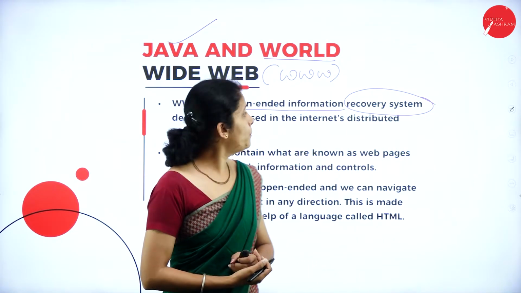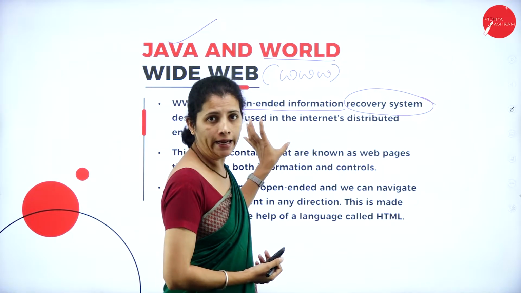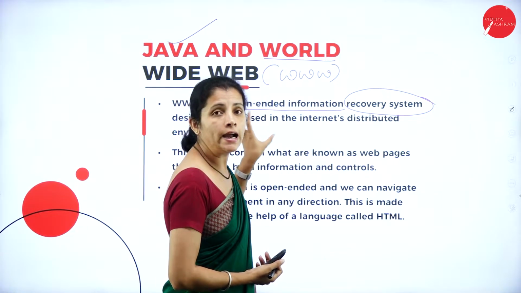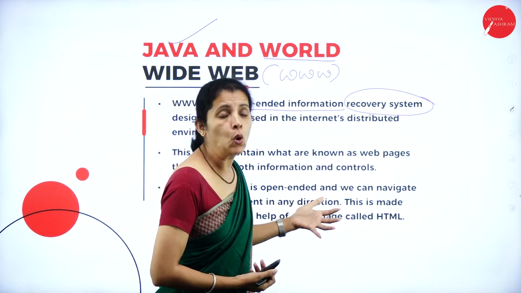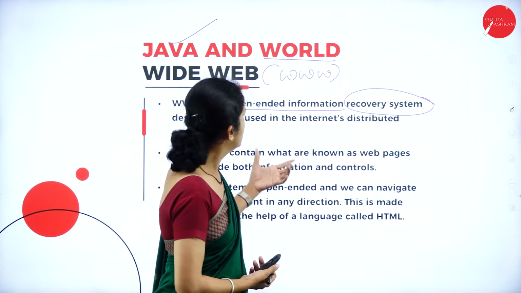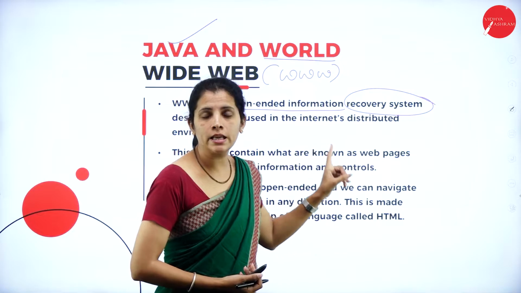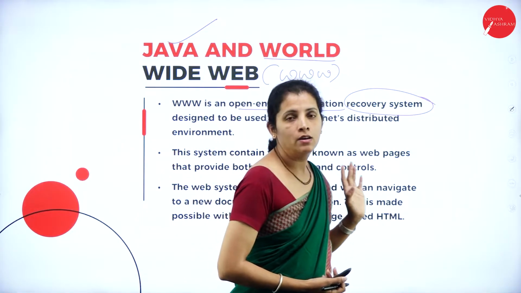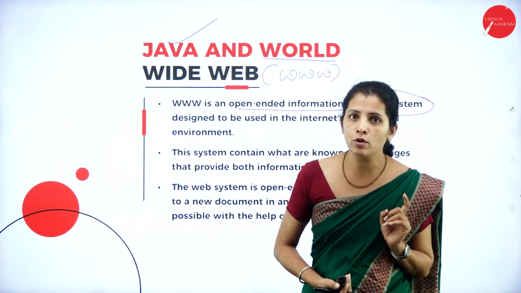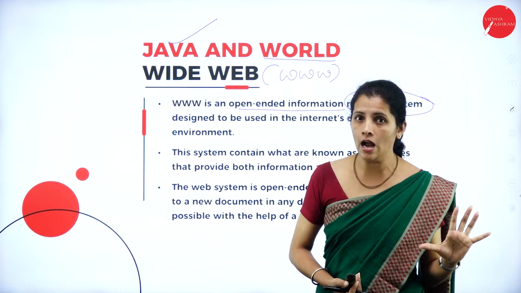So, open-ended. So, what is this open-ended? That means it is applicable to all kind of users. And here, World Wide Web is nothing but the repository. So what is the meaning of repository here? There is nothing but storage area.